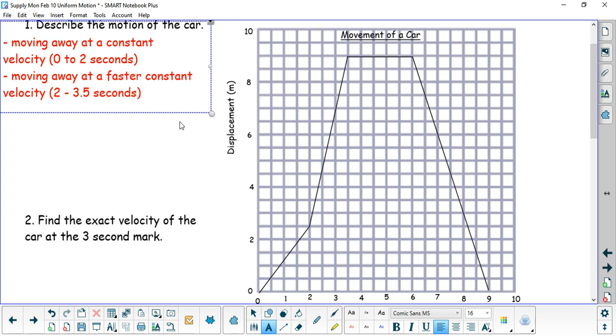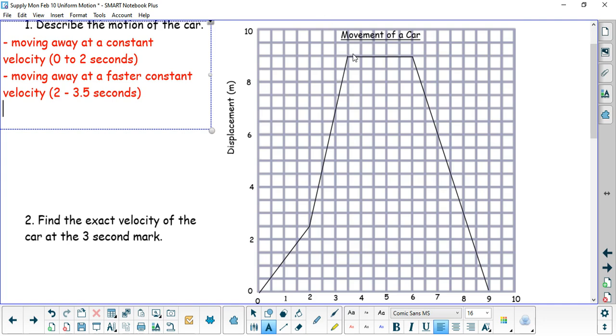Now, there should be a transition in here. We haven't talked about acceleration yet. Eventually, we'll make this work a bit better because we do know we can't go from one velocity to another without some kind of speeding up happening, but don't worry about that today. We're going to focus on our uniform motion instead.